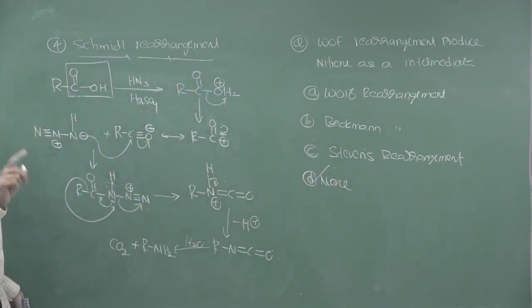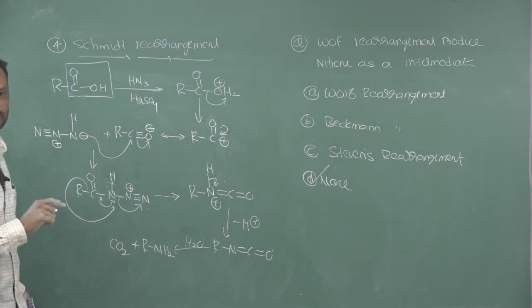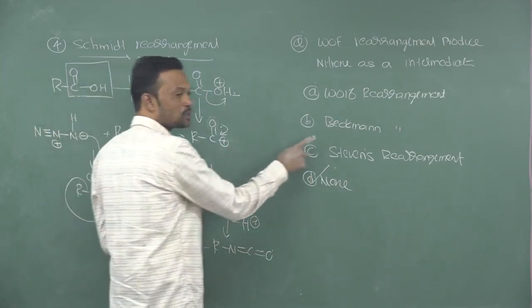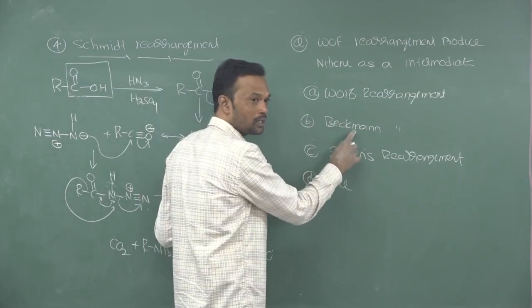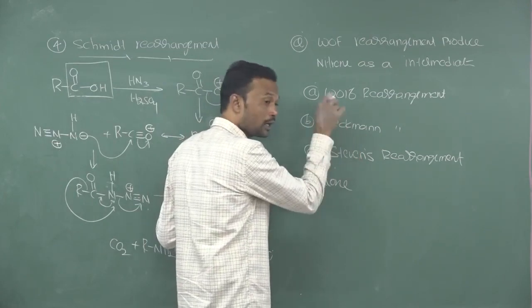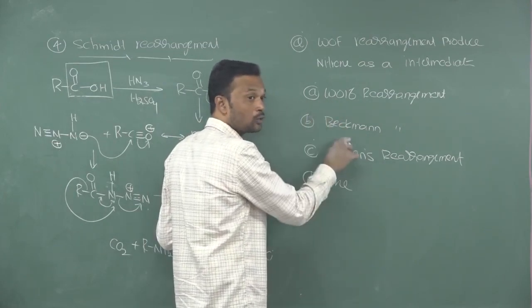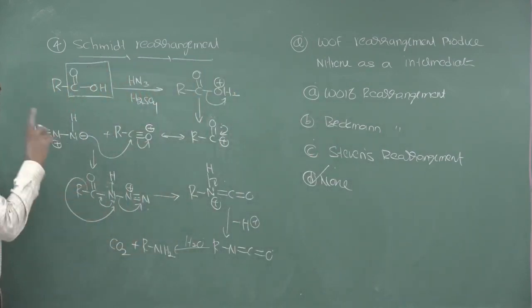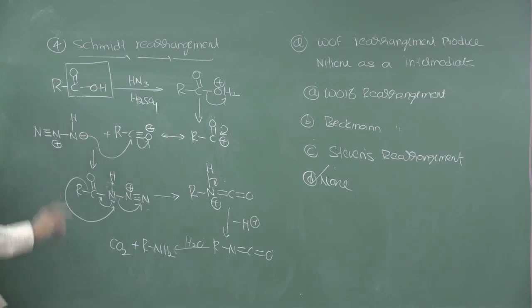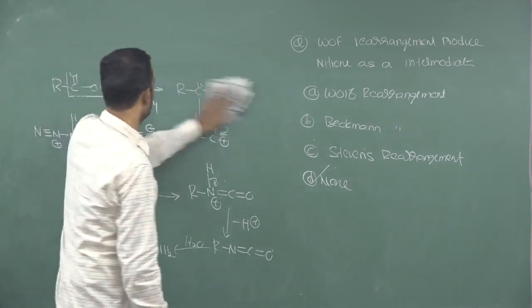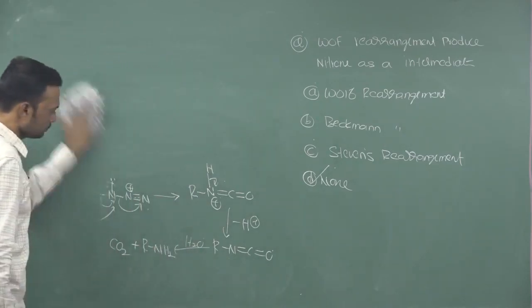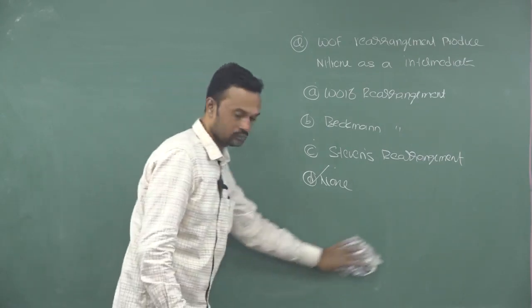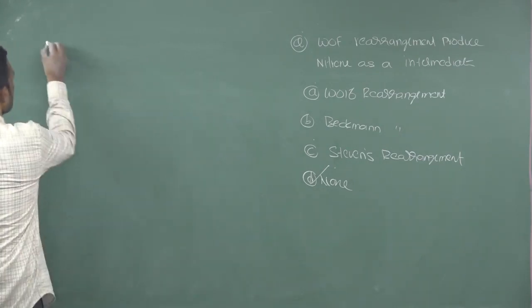Beckmann is a nitrogen rearrangement, but it is not a nitrene rearrangement. Oximes are converted to amide. Oxime to amide is a Beckmann, but it is not a nitrene rearrangement, it is a nitrogen rearrangement. Nitrene rearrangements are only Hofmann, Curtius, Lossen, Schmidt. Clear? Next.